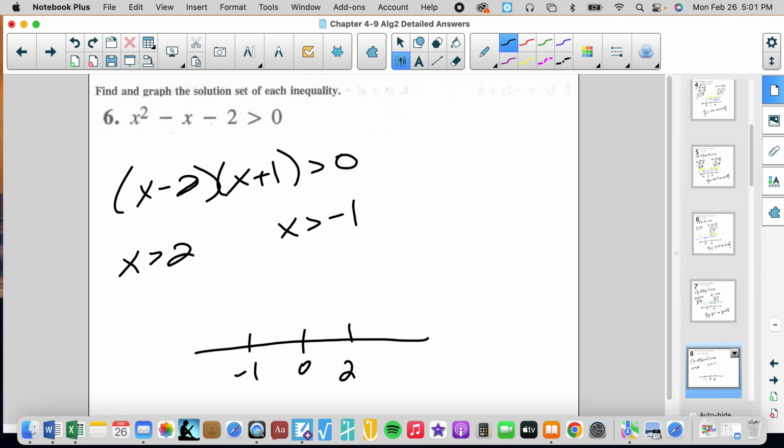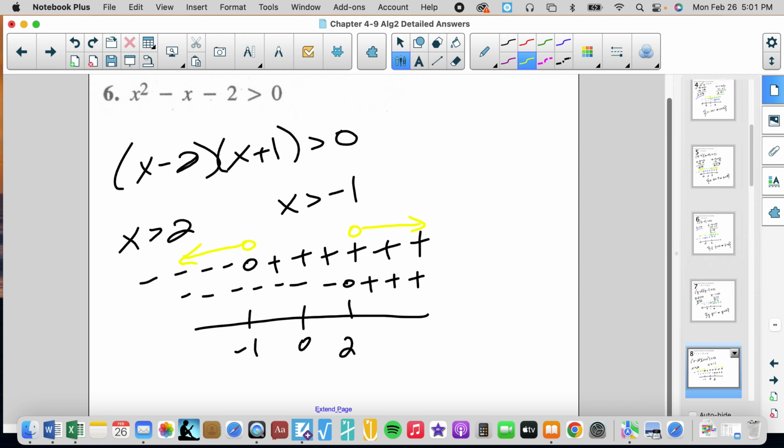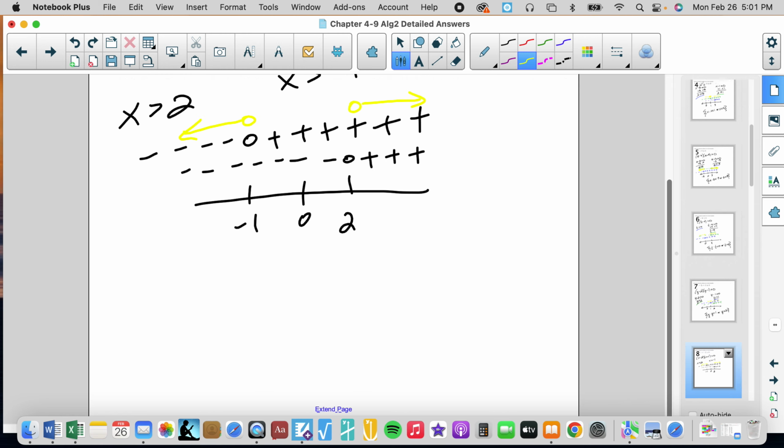We have open, plus plus plus, minus minus minus. We have open, minus minus, plus plus plus. We have an open circle there, open circle there, and we can write the solution. How fun is this? This is so good.